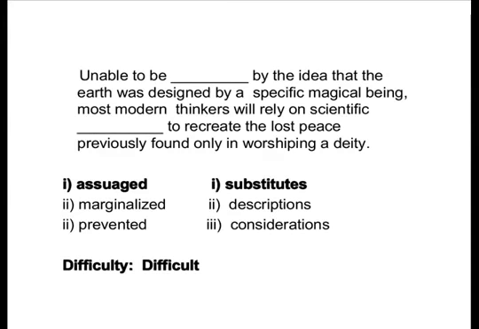And substitutes works best because people will look for the quickest way to feel better. They would much rather have a substitute. Modern thinkers would much rather have a substitute to get that feeling that God gives them back, rather than a description or a consideration which only lends them a possibility. They want the substitute. It feels better.